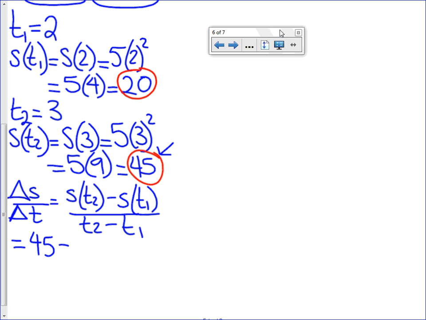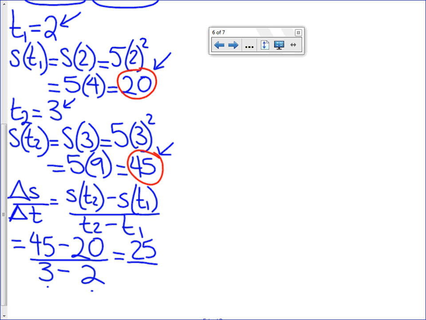S of t sub 1 is here, 20. Divided by t sub 2 is equal to 3 minus t sub 1, which is equal to 2. Remember, this was 3 seconds, 2 seconds. And so now we calculate that. 45 minus 20 is 25, and 3 minus 2 is equal to 1. So here the average velocity was 25, and the problem was in feet, so we will say 25 feet per second.